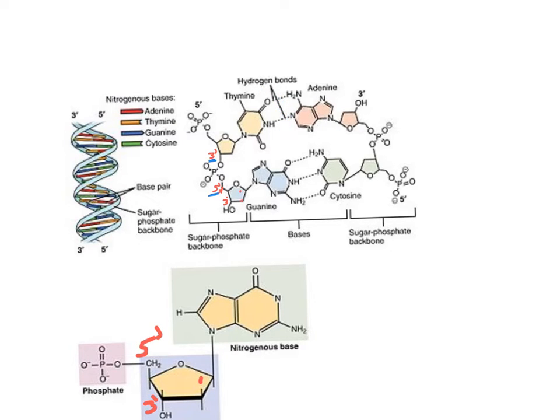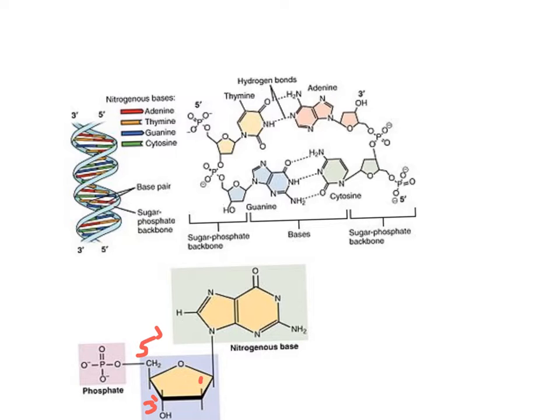Now, hydrogen bonds, we'll talk a little more about them later, but they're weak bonds in between molecules. The covalent bonds, represented by the lines here, hold the molecule together. The hydrogen bonds hold the two molecules together.